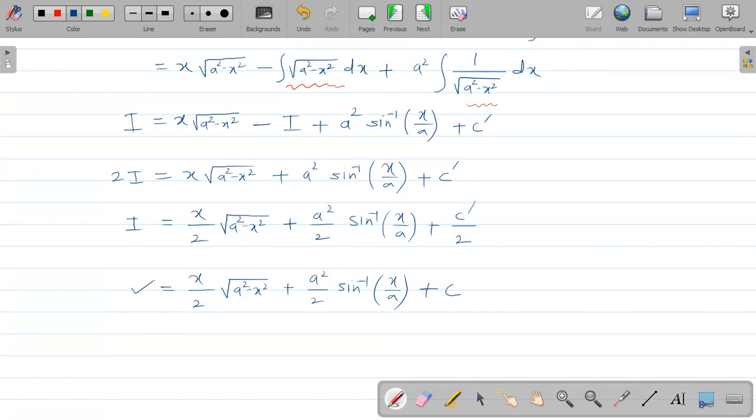So this is the answer, or you can say proof of that result. So we can write hence proved.